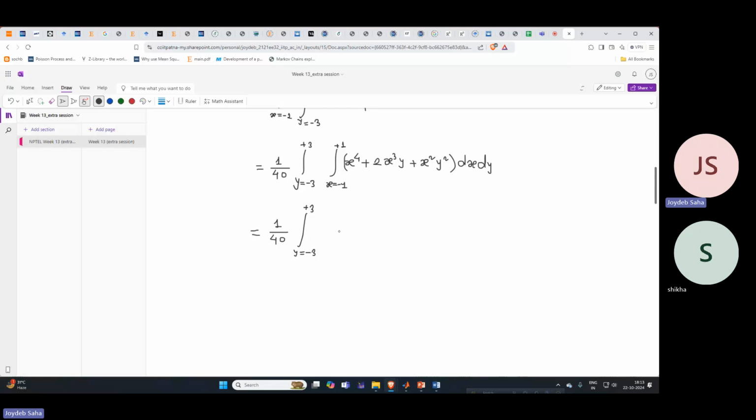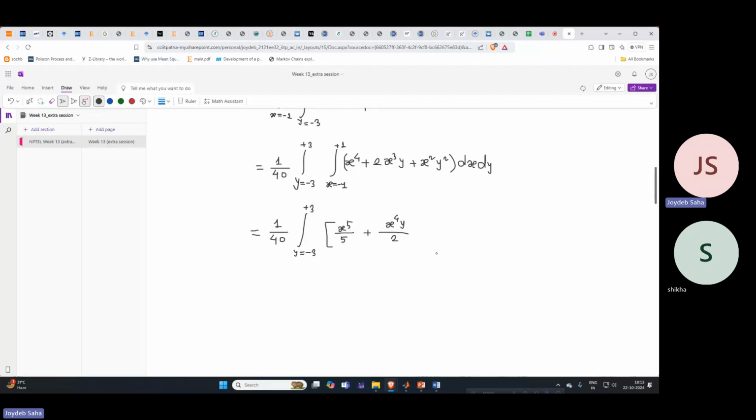If we integrate it with respect to x, then we will get x to the power 5 upon 5 plus x to the power 4 upon 4, so we can write x to the power 4 y upon 2, right?